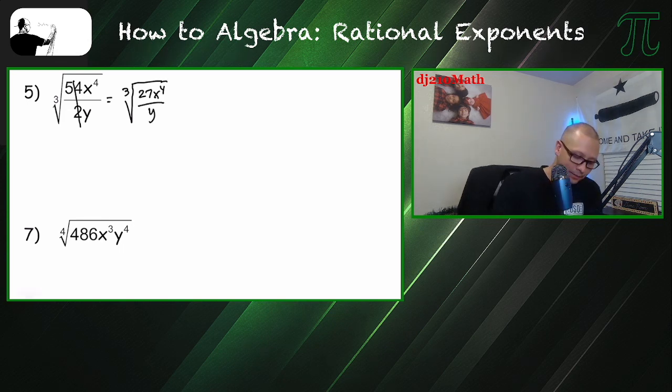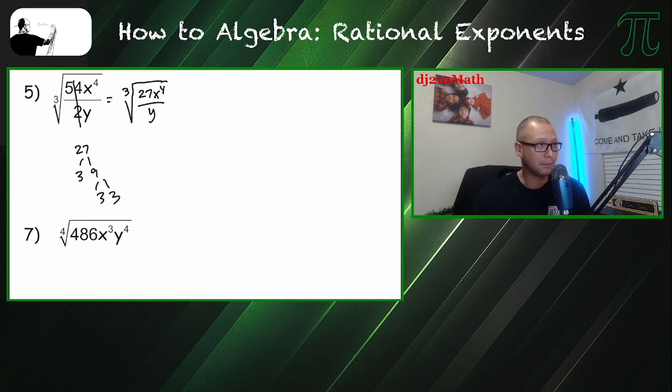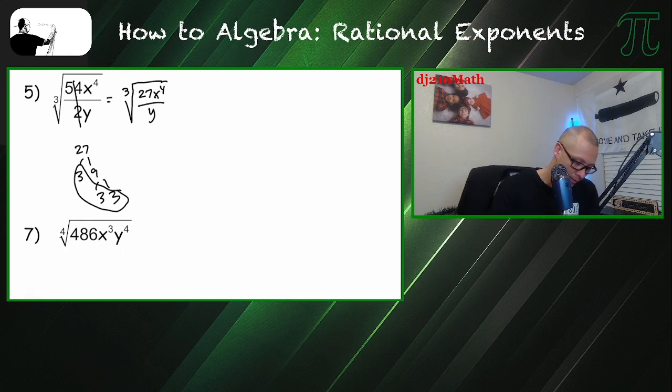All right, 27 can be broken down into, well, we did this already once, 3 times 3 times 3. It's a cube root, so I can pull out a group of 3 as a single 3. This is going to be 3, and then x to the 4th power. So it's 4 x's, so I can pull out a group of 3, and there'll be 1 x left over. So I can pull out an x, and left behind is going to be the cube root of x over y.